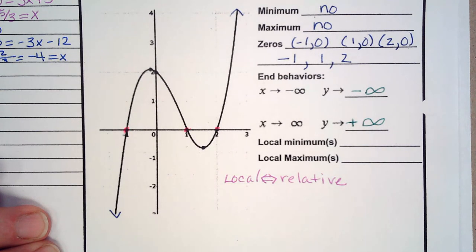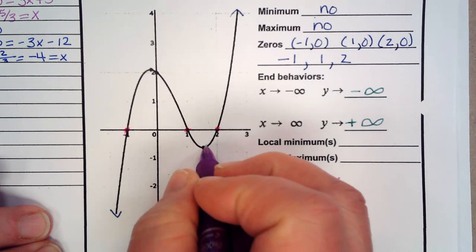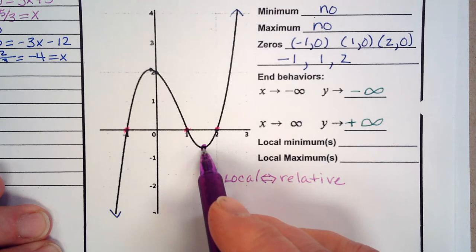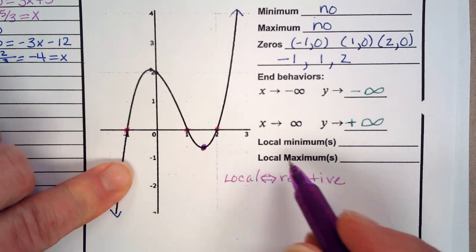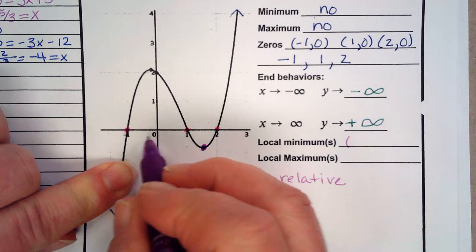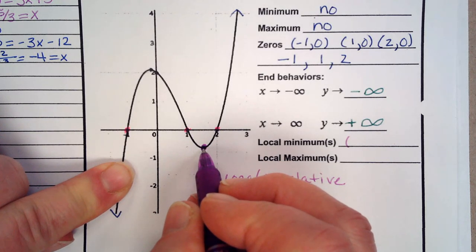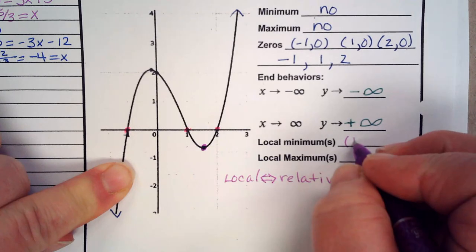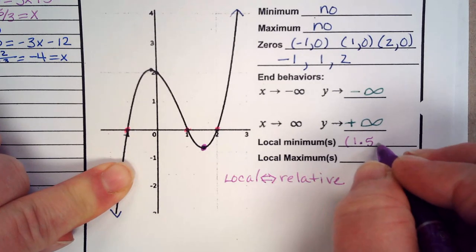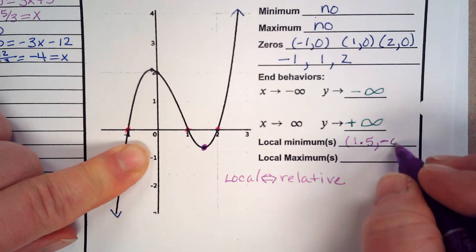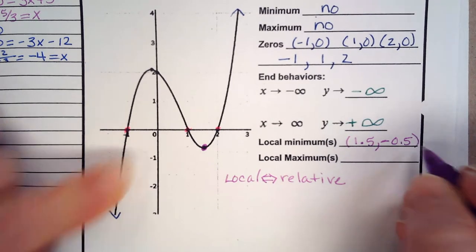So if I am looking at this, this is where it goes from negative to positive in slope. That point, I'm going to have to approximate, is 1.5, and then it looks like about negative 0.5.